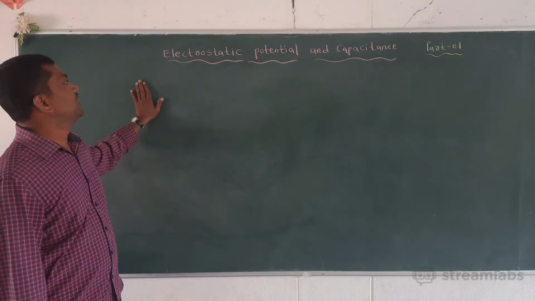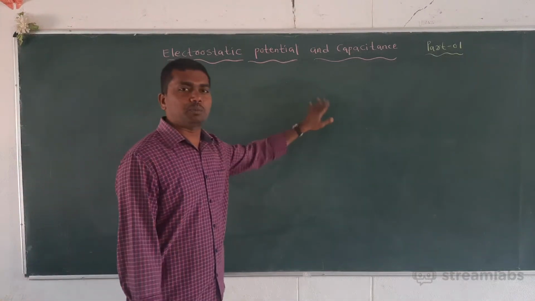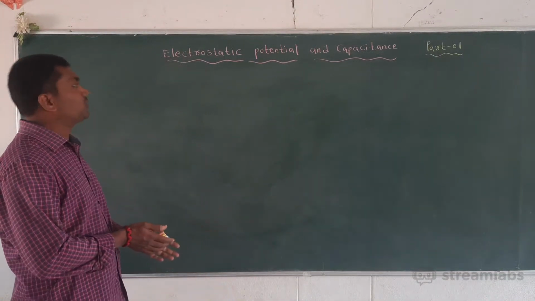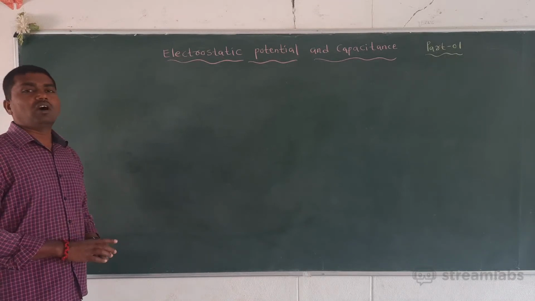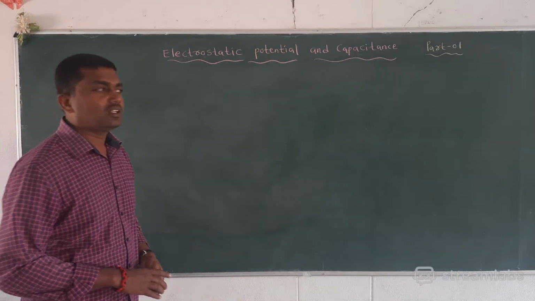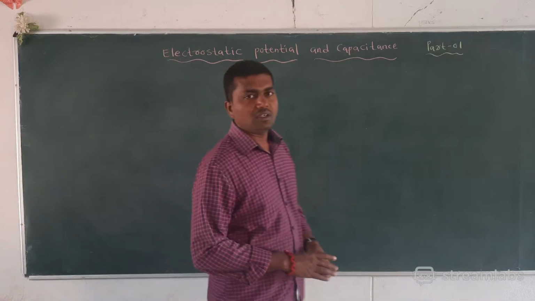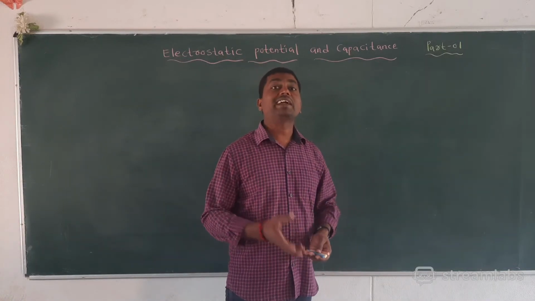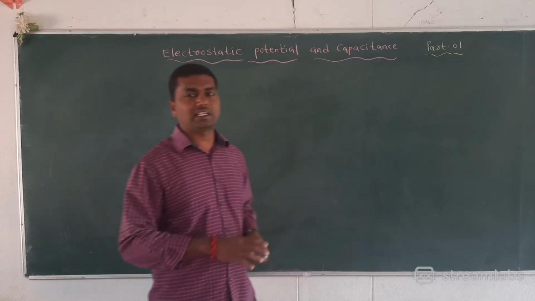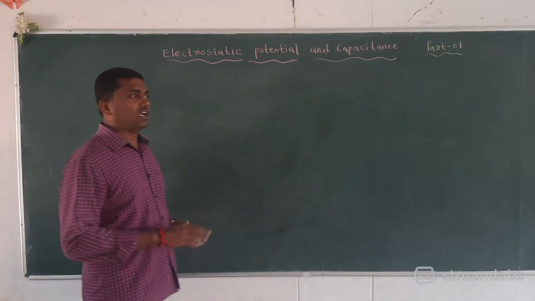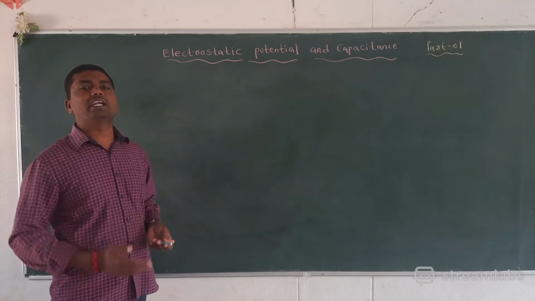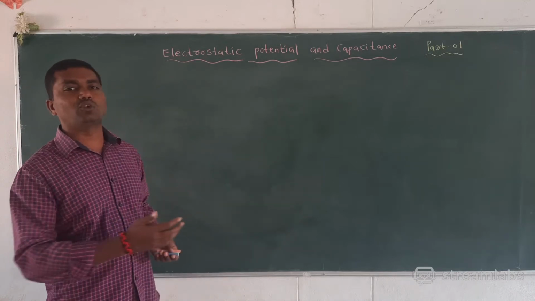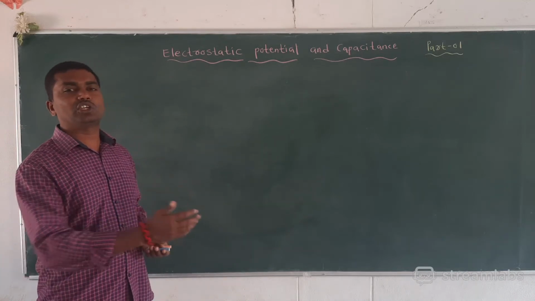So first we can define the electrostatic potential. Before going to this, how we can define electric current. The flow of electric charges in a conductor is called electric current. I is equal to Q by T, I is equal to delta Q by delta T, I is equal to dQ by dt.